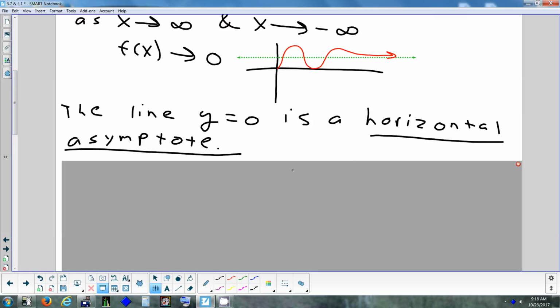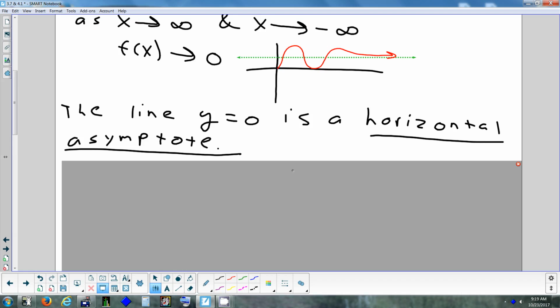The key with an asymptote is that as you start heading further and further away from the origin, it never crosses. If it crosses near the origin or early on, that's okay. But after a while, this graph is getting closer and closer and closer to it, and it will never cross again. That's really what an asymptote is.